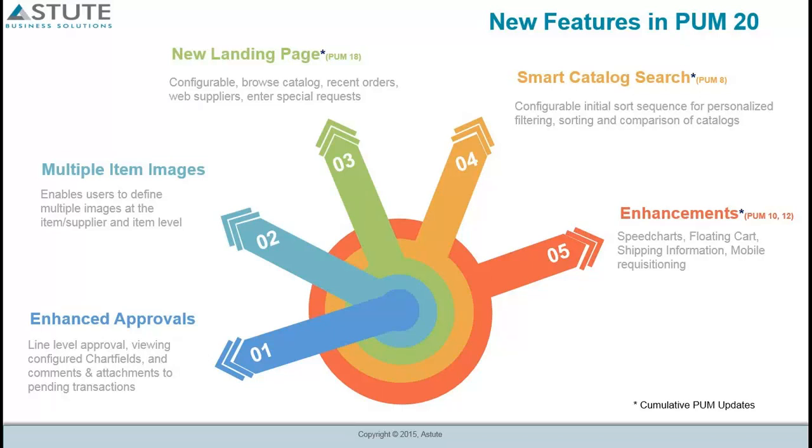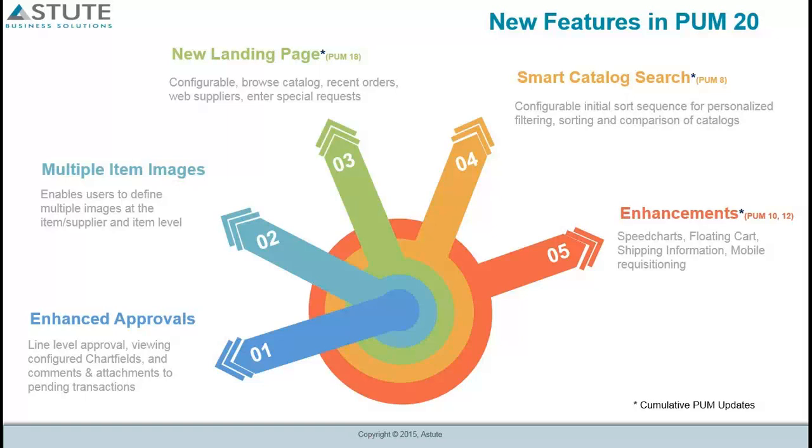It also provides you the new landing page where we get the browse catalog, recent orders, web suppliers, and it's all configurable. You can move around these features on the panel, and you can also see what you want to see as soon as you log into the system.